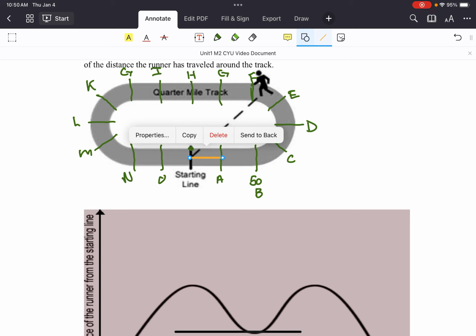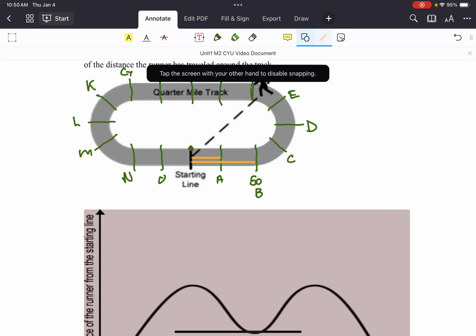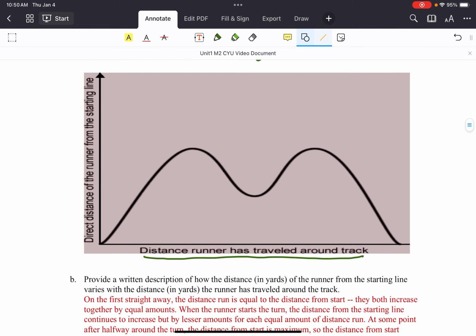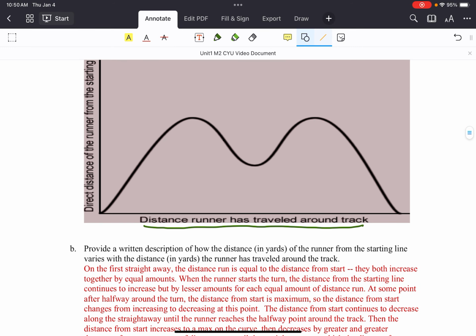In the next chunk, the runner ran another 25 meters, and the total distance traveled is now 50, which means we increased by 25 meters, the same amount my distance from the start increased. That's why in this description, on that first straightaway, the distance run is equal to the distance from the start. They're both increasing together by the same amounts.